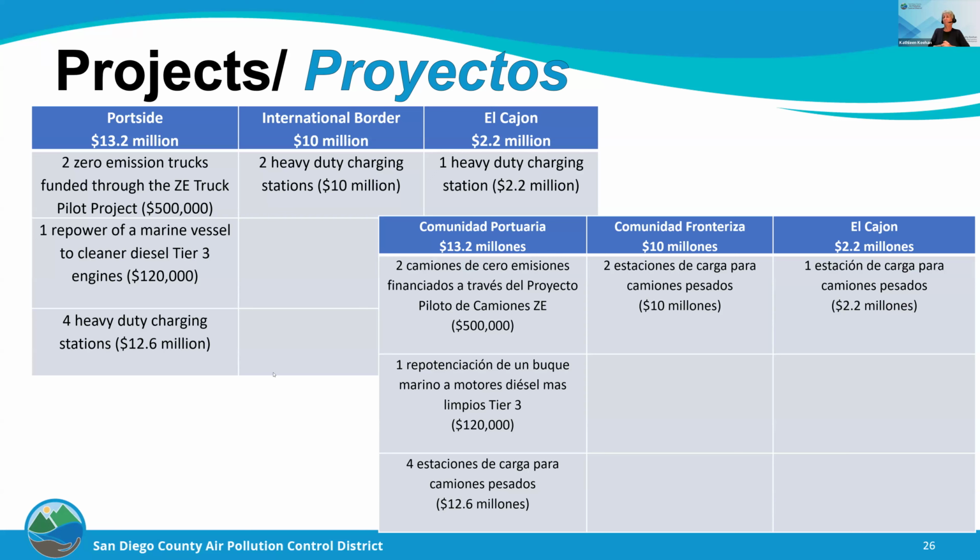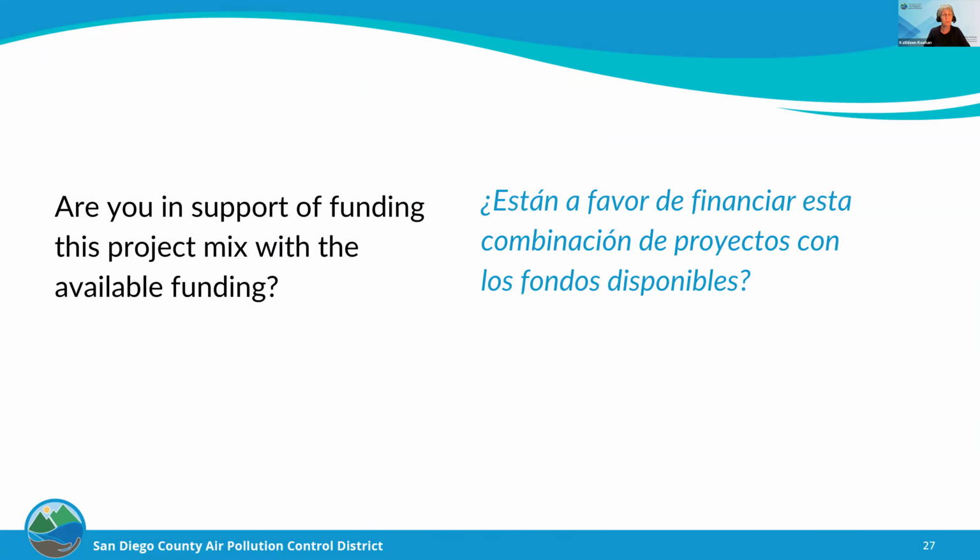We just basically want to know, on the next slide, if the community is supportive of us moving forward and funding these projects with the money we have available from the state through the AB 617 program. So with that, I'm happy to answer any questions or hear your feedback on that mix of projects.